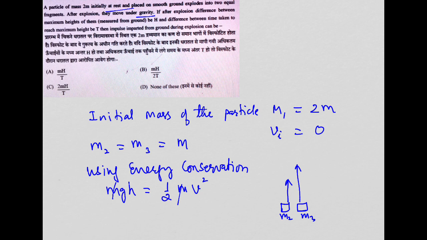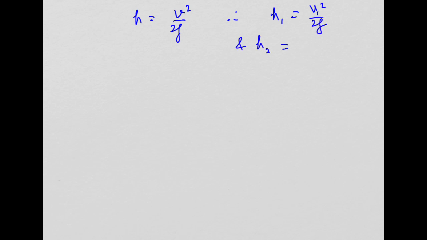Cancelling this m, h will be given by v squared by 2g. So for the first particle, h1 is equal to v1 squared by 2g, and for the second particle, means the second fragment, v2 squared by 2g.